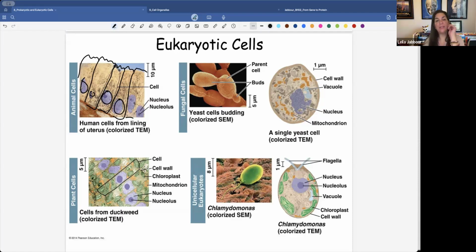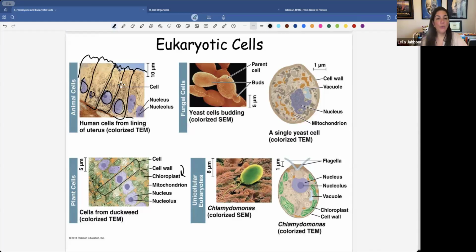But plant cells have an additional organelle that's really not present in animal cells. It's called a chloroplast, with pigments in it that can transform energy from sunlight into sugar. So this is very special to plants.